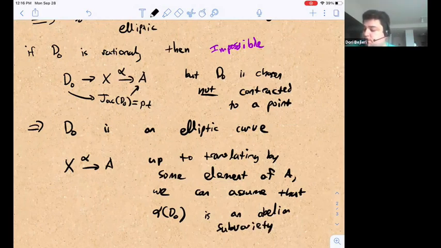And so then we can compose by the quotient by the subgroup, which is some other elliptic curve. So we're taking a two-dimensional abelian variety and quotienting out by some one-dimensional abelian variety inside of it. And so now we can look at this composition.